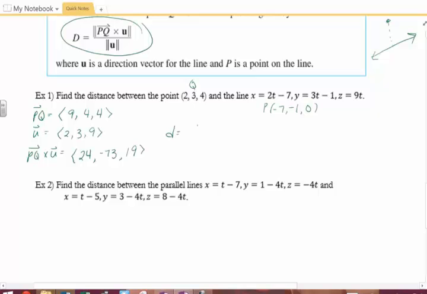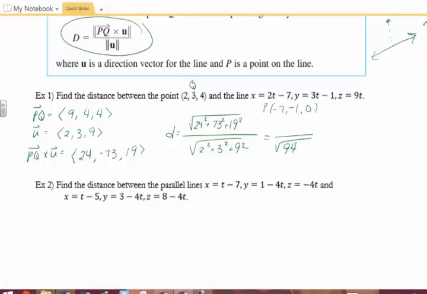So my distance is the magnitude of PQ cross U, 24 squared plus 73 squared plus 19 squared, over the magnitude of U, 2 squared plus 3 squared plus 9 squared, which is going to be some gigantic number. Let's see, on the bottom I've got 94. For the top, I'm going to do it off screen.